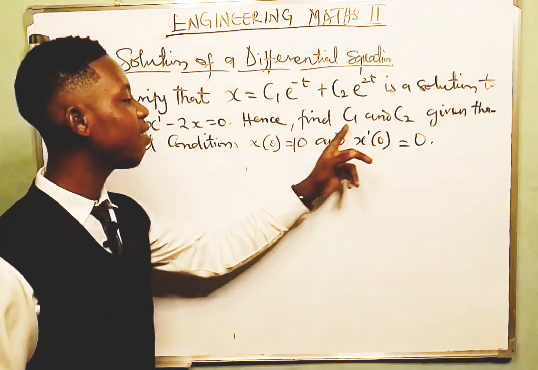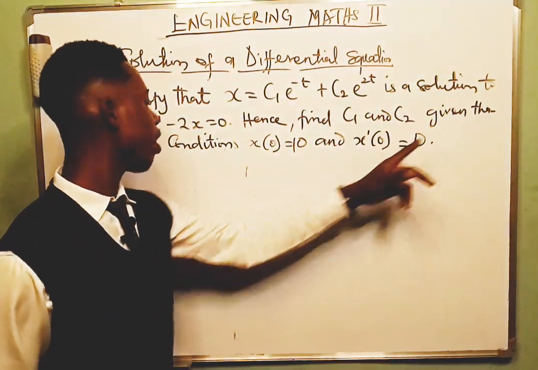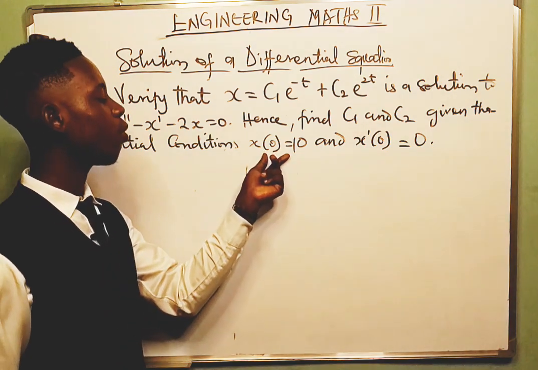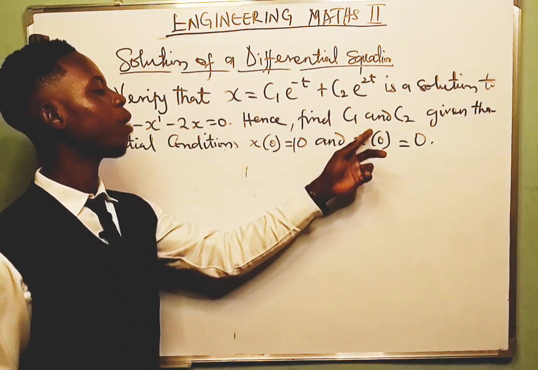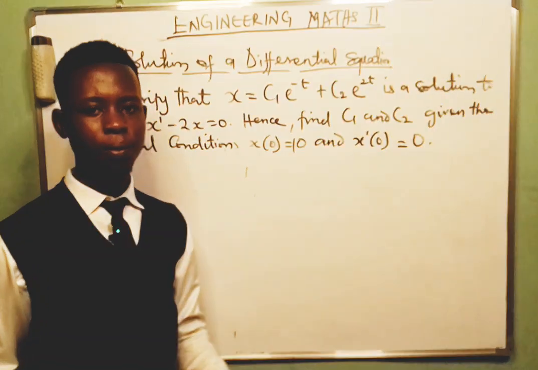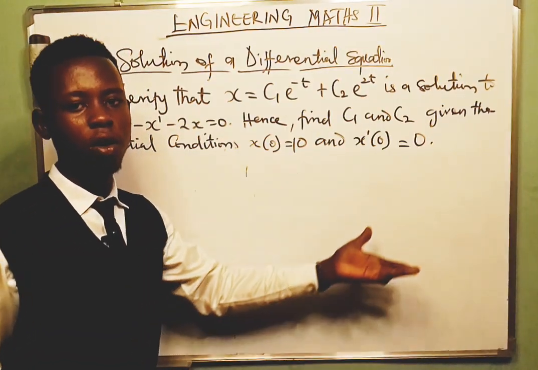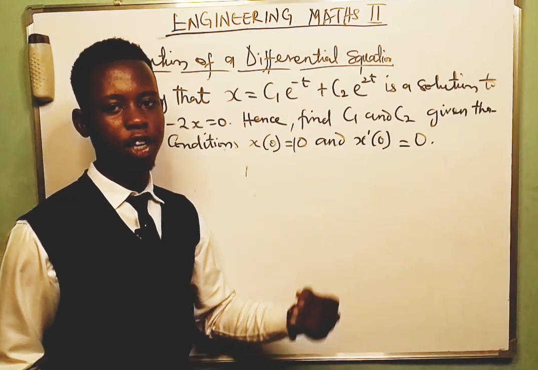Hence, find C1 and C2 given the initial condition x of 0 equal to 10 and x prime of 0 equal to 0.